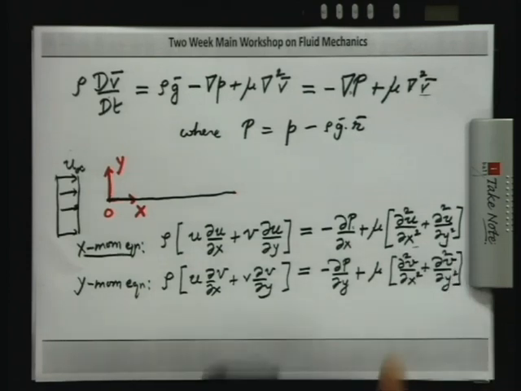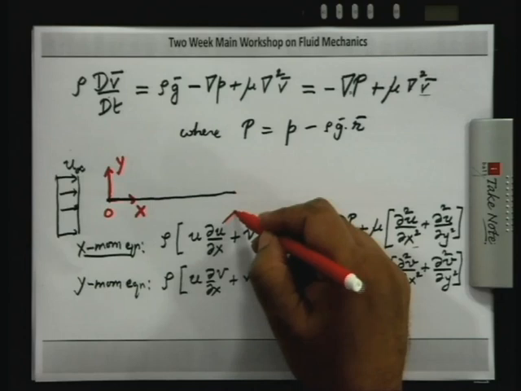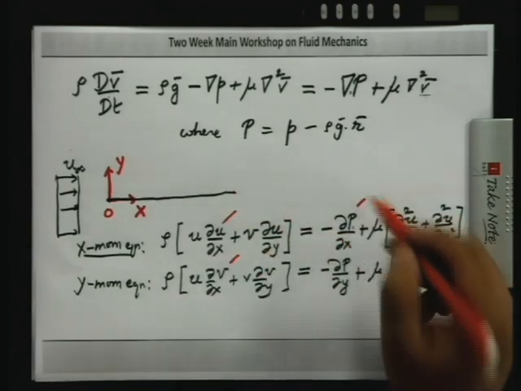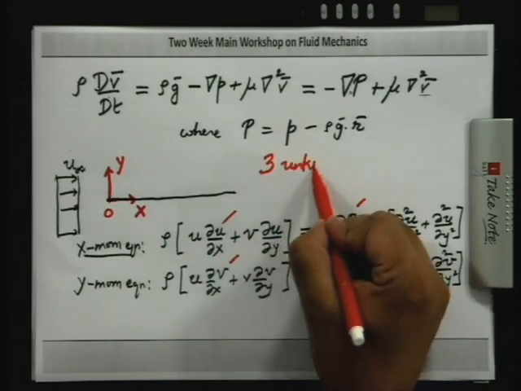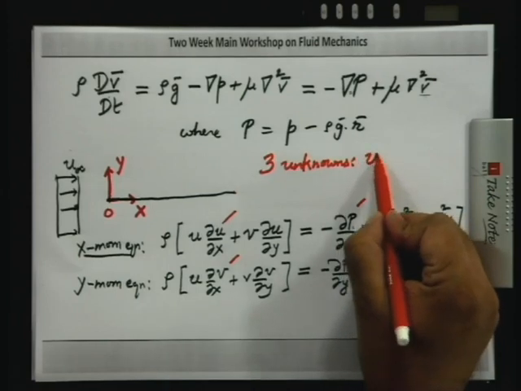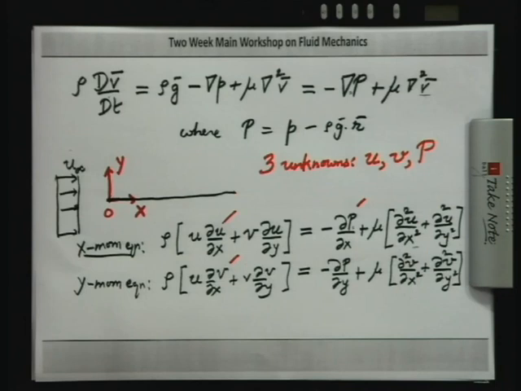Now, you see that in this equation you have derivatives with respect to u, v and p. So, there are 3 unknowns which you must determine by solving the equations. One is u, one is v, other is your capital P. So, you need 3 equations.